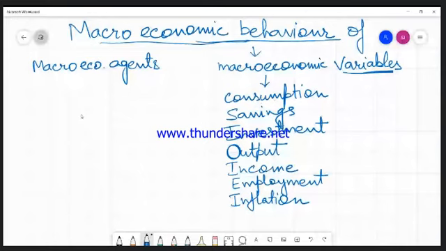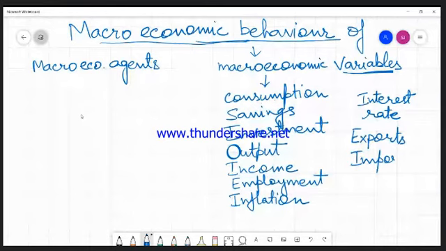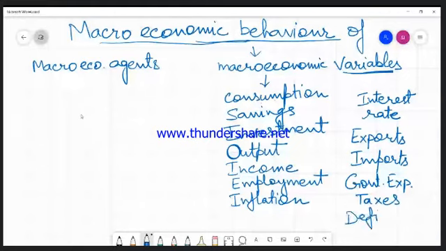Inflation, then interest rate, exports, imports, government expenditure, taxes, deficit, debt.